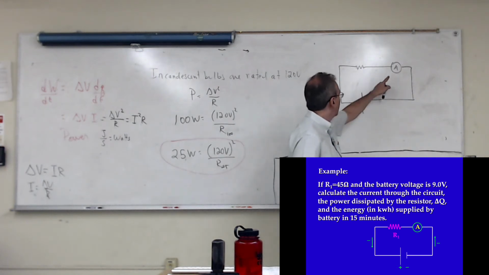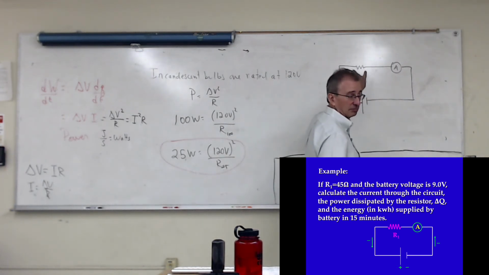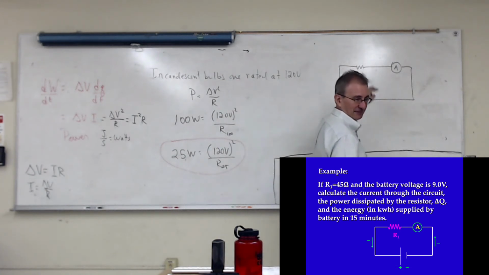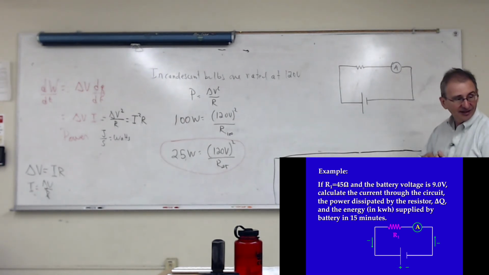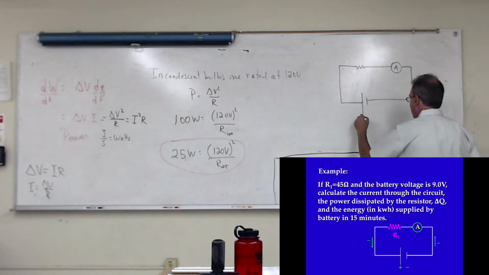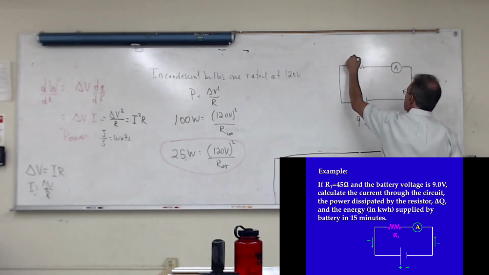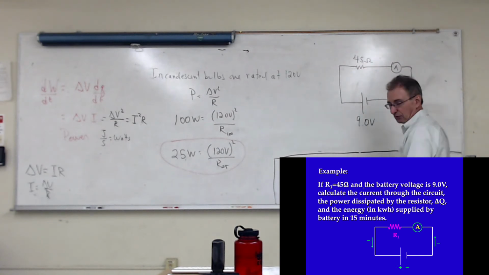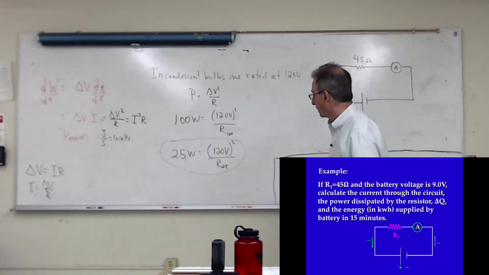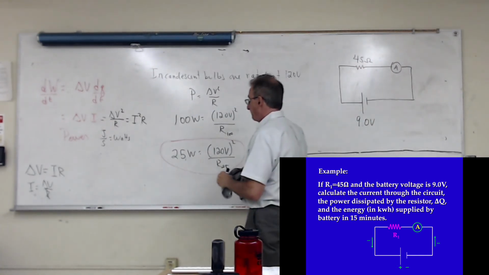People were putting the ammeter in parallel to the bulb. And of course, when you do that, the bulb goes out because all the current is going through the ammeter. And even though the bulb went out, people didn't notice that. Anyway, the battery voltage is 9 volts. And this is 45 ohms. I'll do a demo talking about that real quick on Friday.